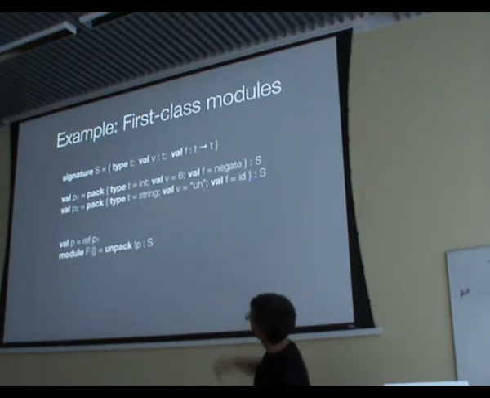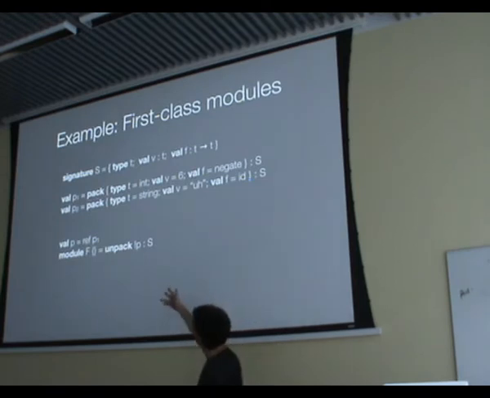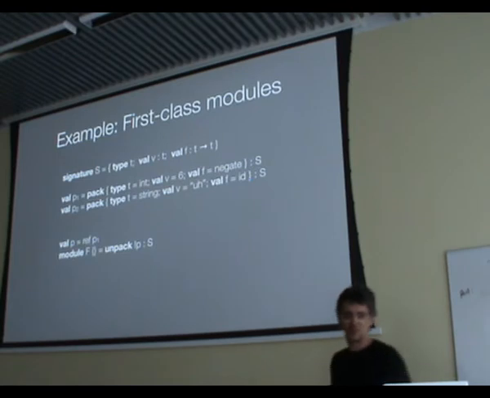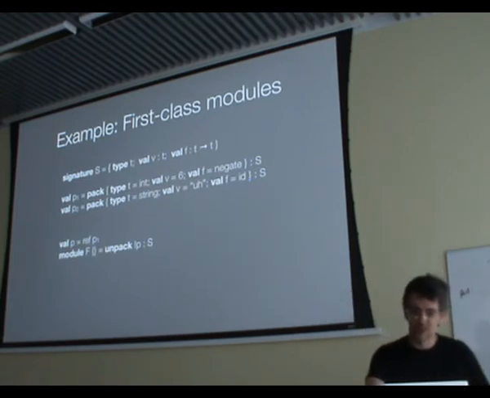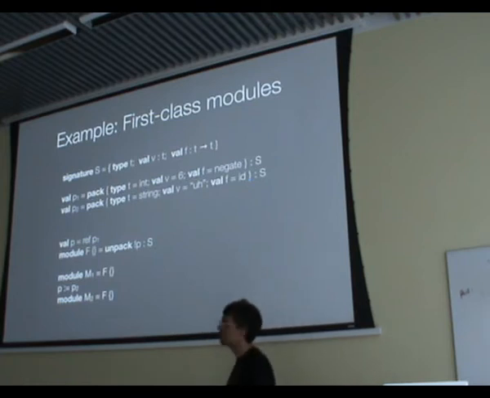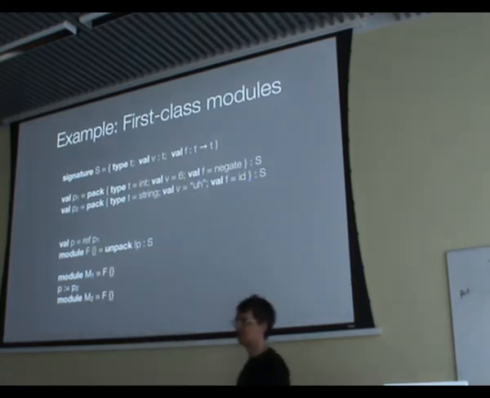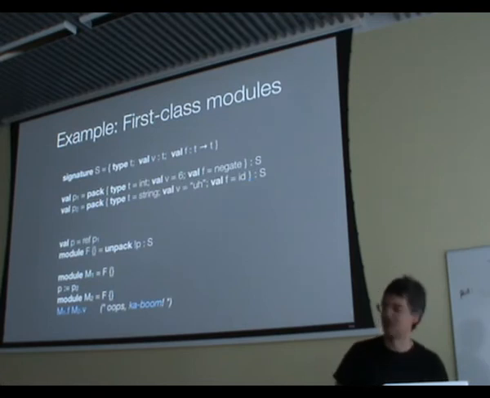So I have a reference P that contains one of these packages, and I have a functor that unpacks the content of that thing and returns it. And you probably already see where this is going. If I try to do that twice and change the content of P in between, and I also have an applicative semantics which says the types defined by the same functor application are actually the same, then this would, of course, blow up, right?